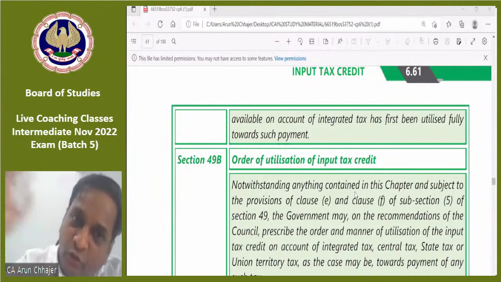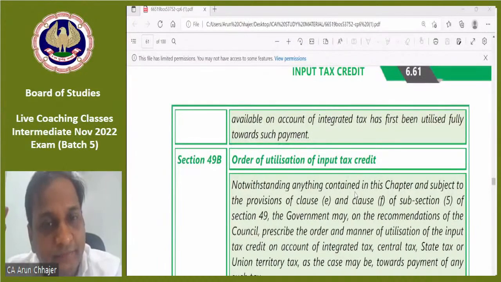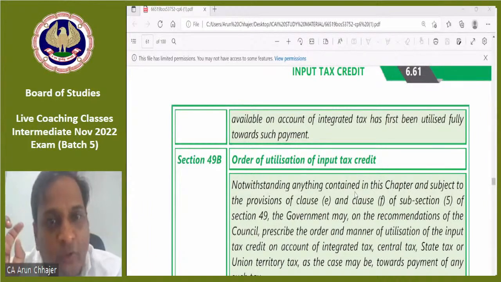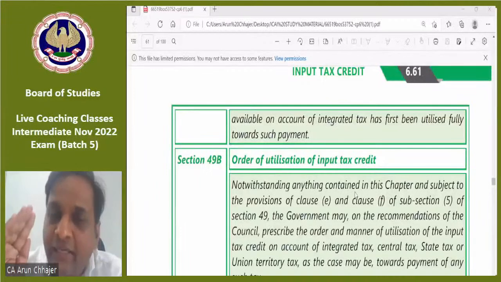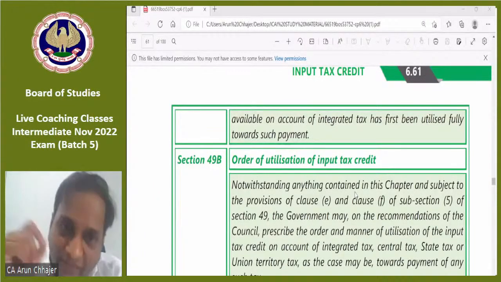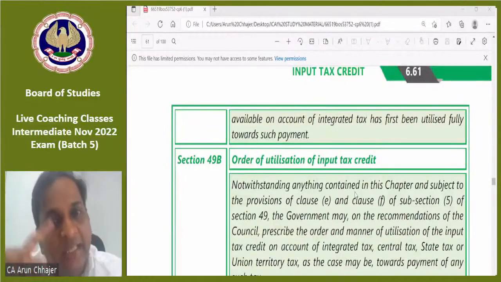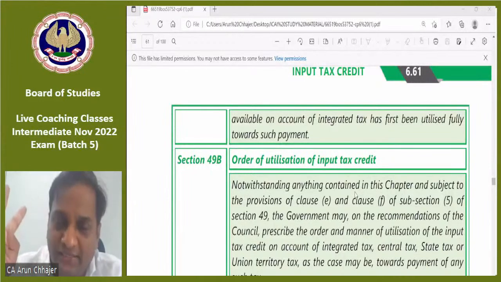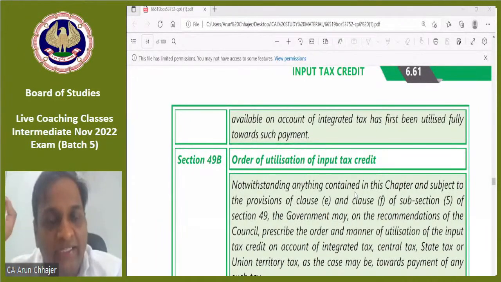Can A give a donation without fulfilling his own house requirement? When A thinks of donating money to others, A will donate only when A completes his own house requirement. Whatever liability A has, he will complete that liability and then the remaining balance can be given to others. The same thing is applicable for ITC.